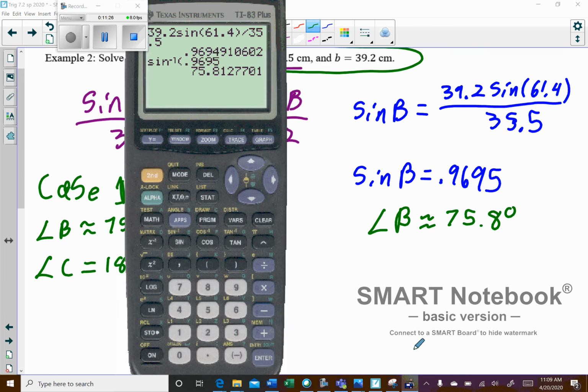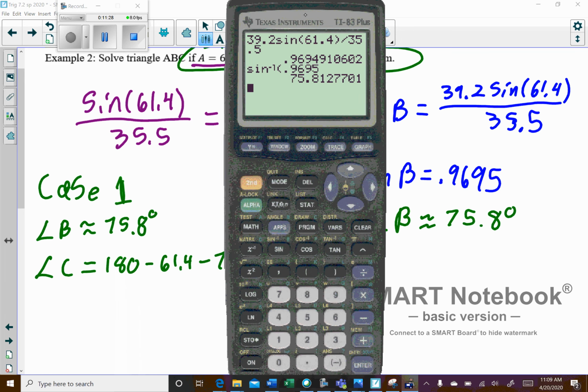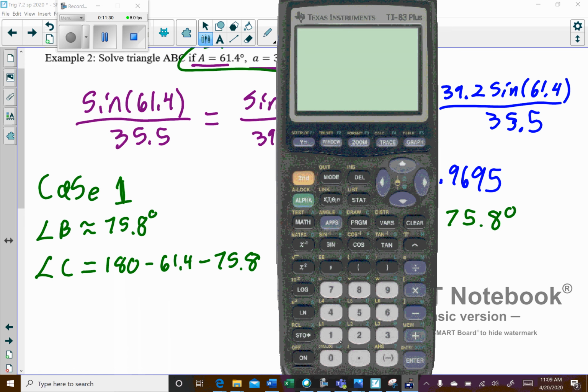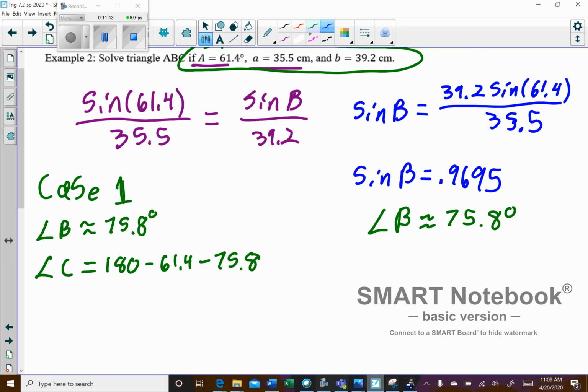And so let's go ahead and put that in our calculator. Okay, so 180 minus 61.4 minus 75.8. So we get 42.8. So angle C is about 42.8 degrees.